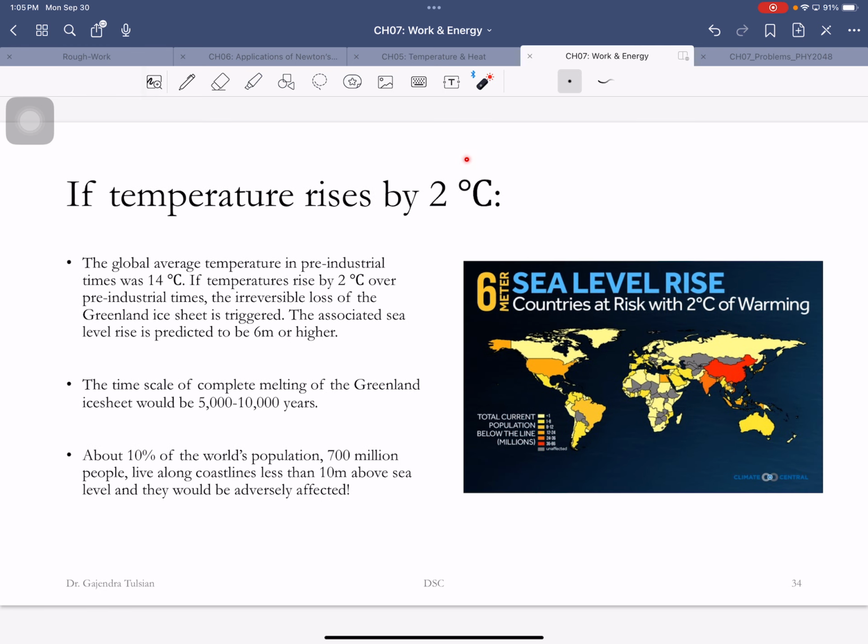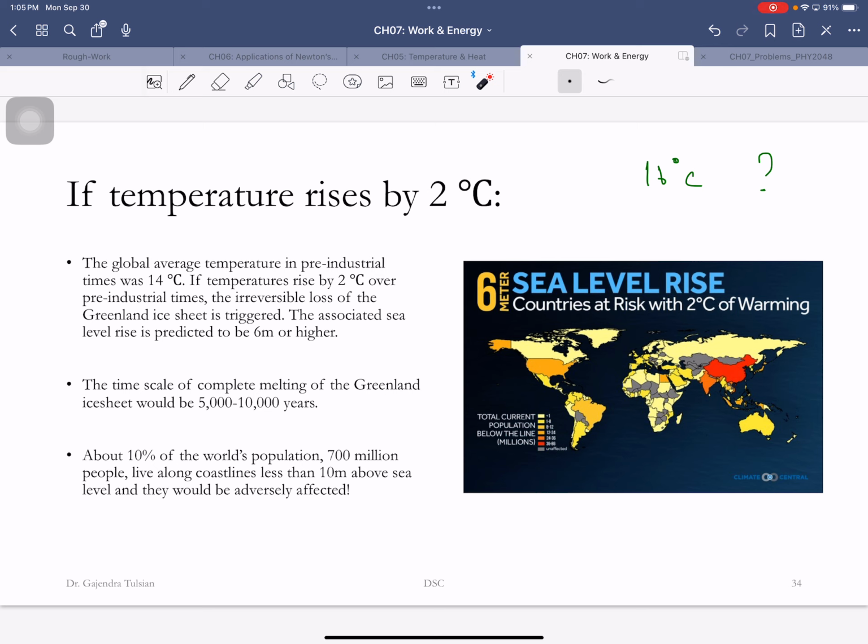What if the temperature rose by 2 degrees Celsius? What if we get to 16 degrees Celsius? Again, these are rough. If you get to 16 degrees Celsius, all of Greenland will melt.